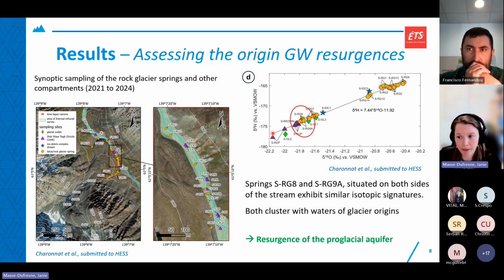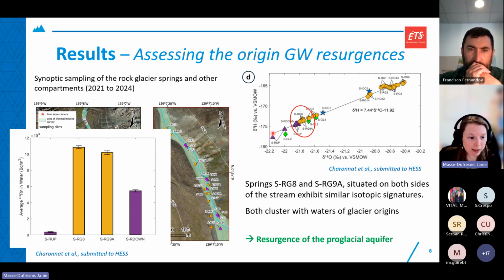And we've been trying to confirm this idea with the use of radon 222. So we've been using it only one time, but comparing the radon activity at these two springs with the activity before or upstream in Grizzly Creek and downstream, we were able to confirm the groundwater contribution there.